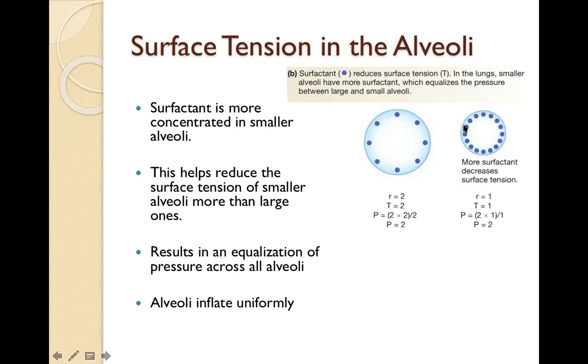And on average, the surfactant plus the size of the alveolus equals out, so that the pressure across all of the alveoli is equal, and all of your alveoli will inflate uniformly, so that this alveolus will inflate at the exact same rate as the smaller alveolus because of the higher activity of surfactant in this one.